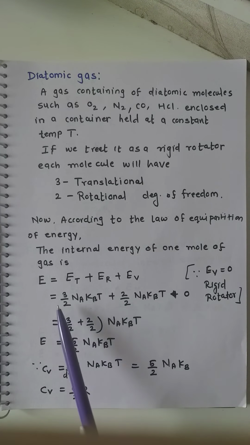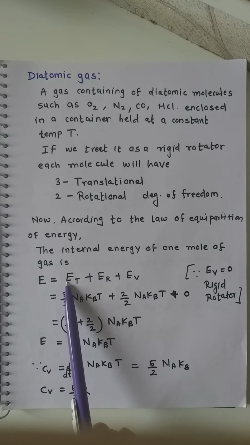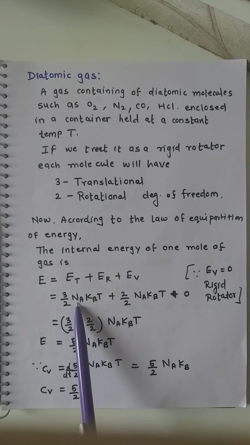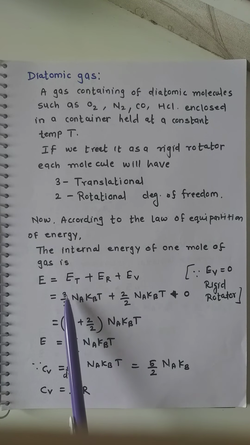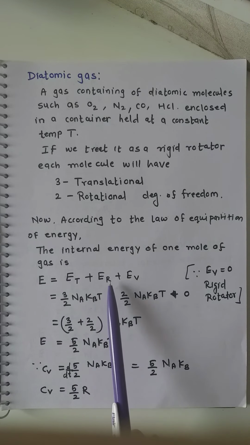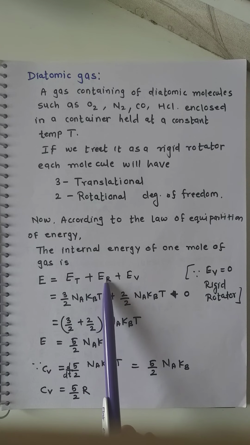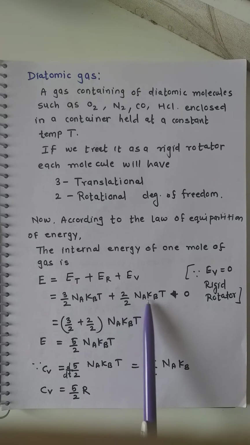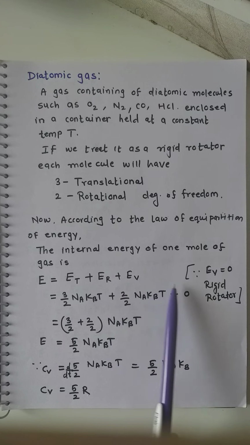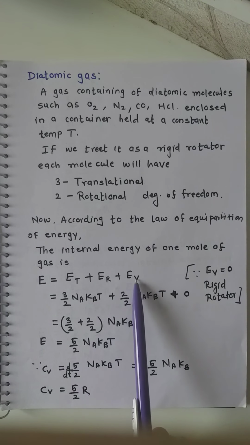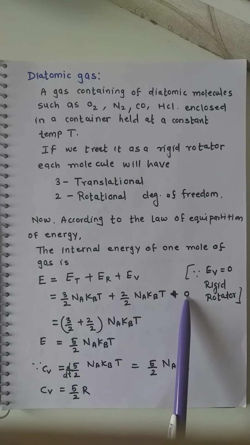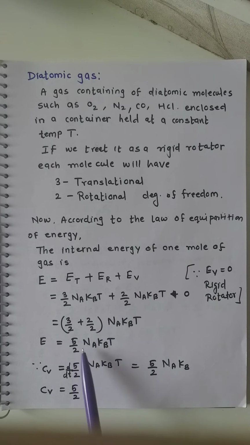We know the translational energy is 3 by 2 Na kBT, and the rotational energy is 2 by 2 Na kBT. Simplifying, I get 5 by 2 Na kBT.